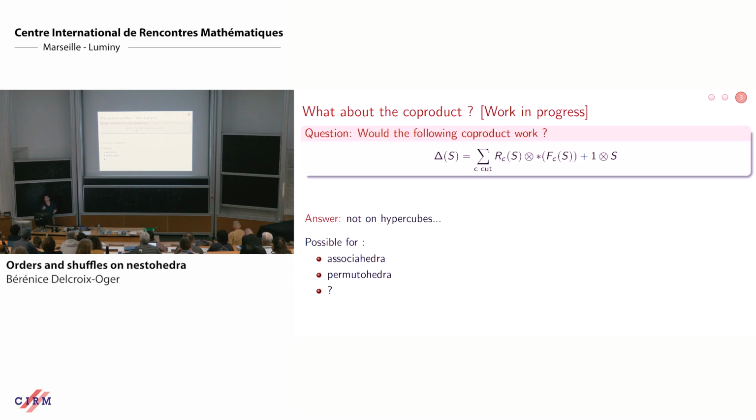On trees, given by you cut some edges on the trees, and the rooted parts go on the left, and what is above is a forest. You do the shuffle product, you put it on the right. So it is the coproduct that you get for permutohedra and associahedra, but on hypercubes that doesn't work. So that's still a work in progress. Thank you for your attention.